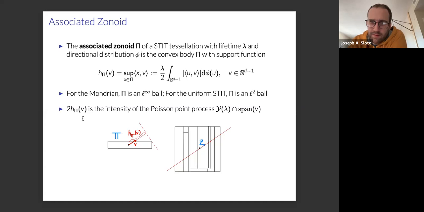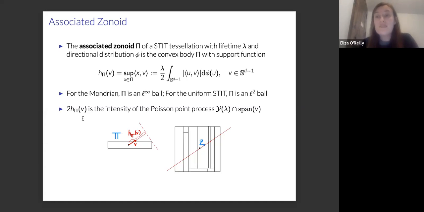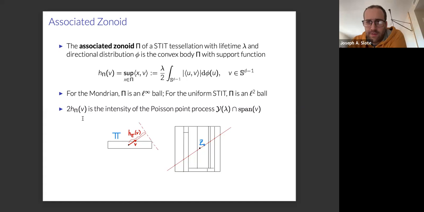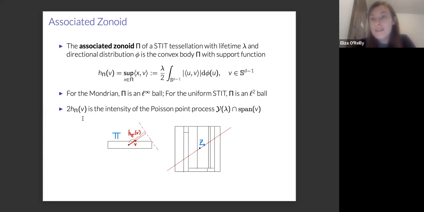So the lifetime is a fixed parameter. Oh, sorry, the clock distribution. Oh, so the clock distribution is determined by the directional distribution actually.